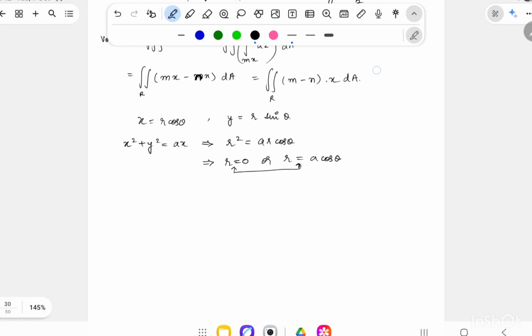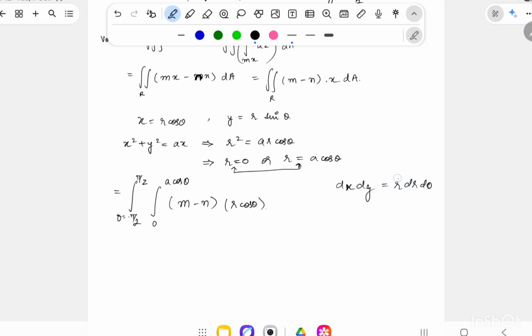So this will be equal to the double integration with theta from minus pi by 2 up to pi by 2, and r varying from 0 to a cos theta, and it is m minus n, x is r cos theta, and dx times dy will be r dr d theta, where r is basically the Jacobian because of these transformations. You can also evaluate it, but it's better to remember it for polar, cylindrical and spherical transformations.